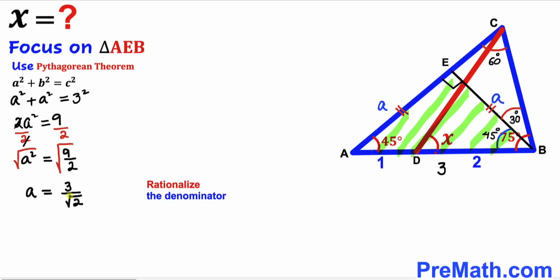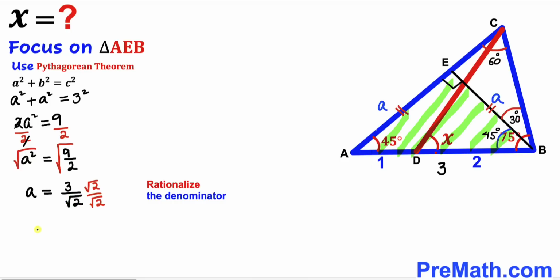Now we are going to rationalize this denominator by multiplying by square root of 2 and at the same time dividing by square root of 2 as well. Here we can see square root of 2 times square root of 2 is going to give us simply 2.